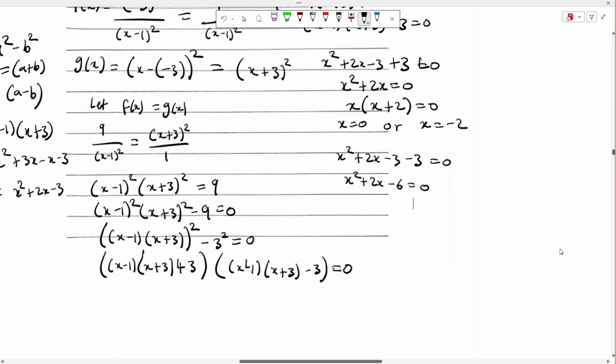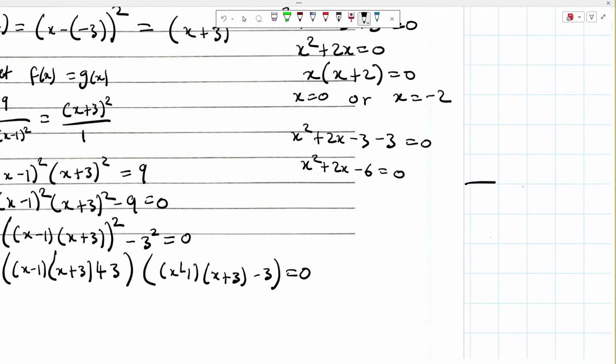Right? And here, you could try the old-fashioned method of 2 numbers that add up to 2, 2 numbers that multiply to -6. Right? But you won't actually be able to find these 2 numbers. It's not possible to really find these 2 numbers. So once again, we have to use the quadratic formula. So we get -b plus or minus the square root of b squared. So b is 2, 2 squared is 4. Right?